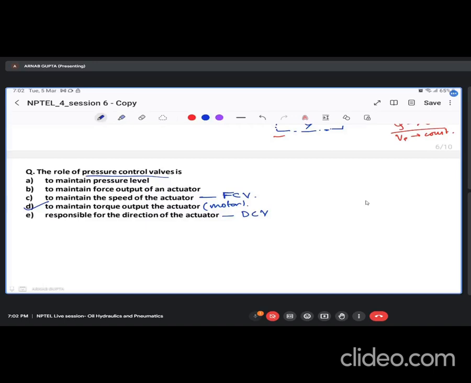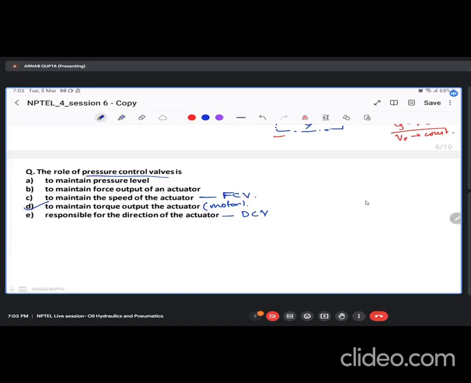In that case, you can use this braking valve or brake valve. Okay, so those things are available. So this is also not a correct option.